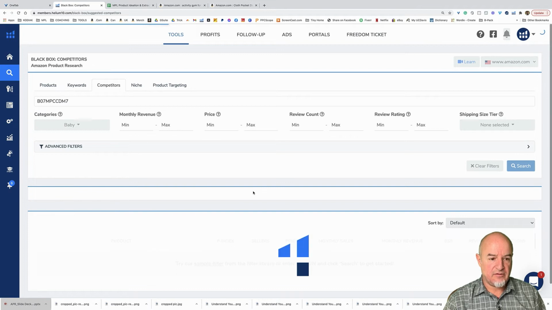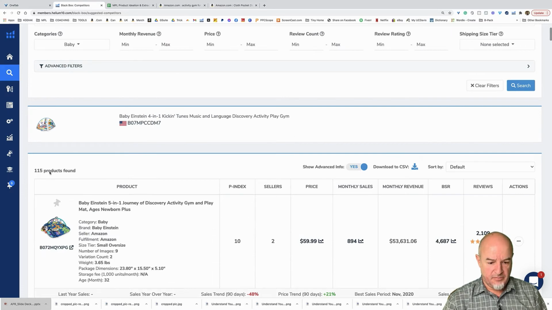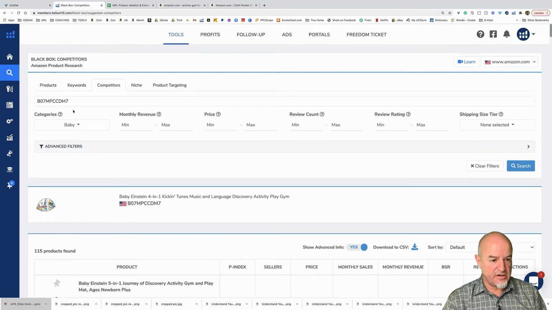I've found that this one takes usually the longest to get the results we need. They're looking at not just the keywords for one product, but they're looking at all the competitors' products as well. So as you can see here, they found 115 competitors to this ASIN, based upon no criteria we put in here.